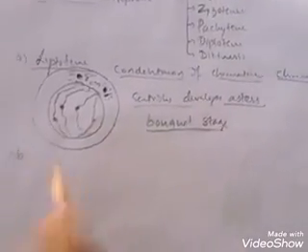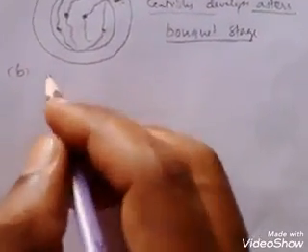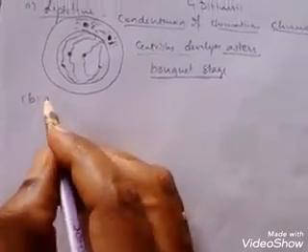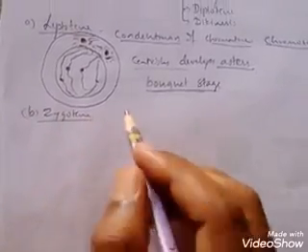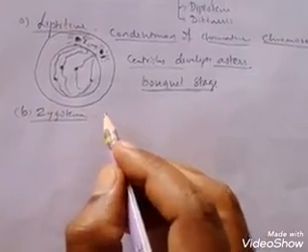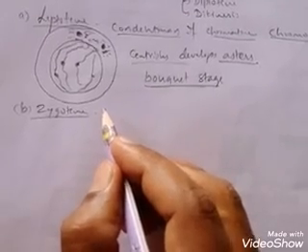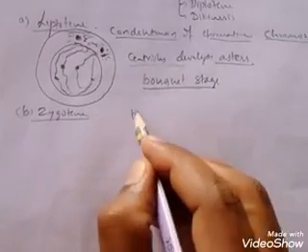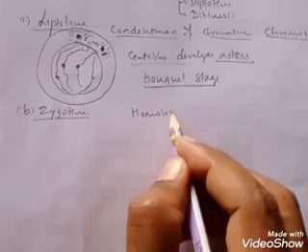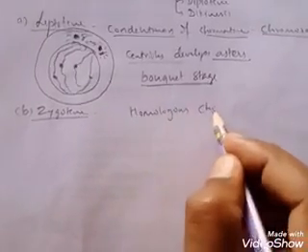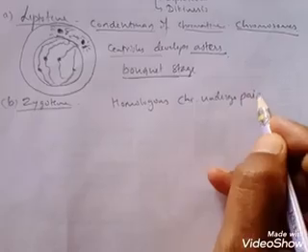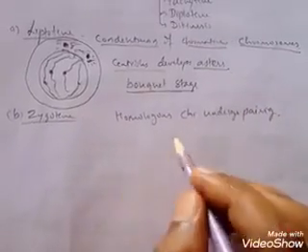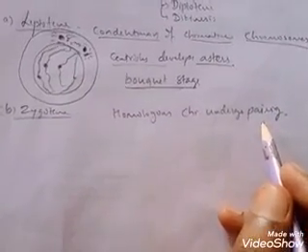So next we go to the next subphase, that is zygotene. In this zygotene, the homologous chromosomes undergo pairing. The first point, homologous chromosomes undergo pairing.